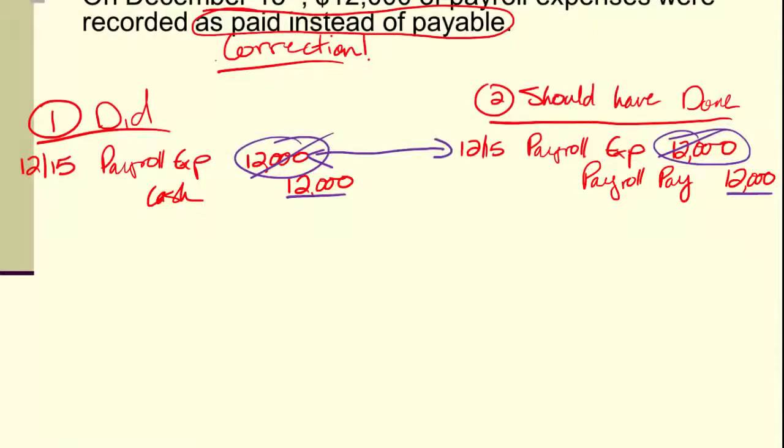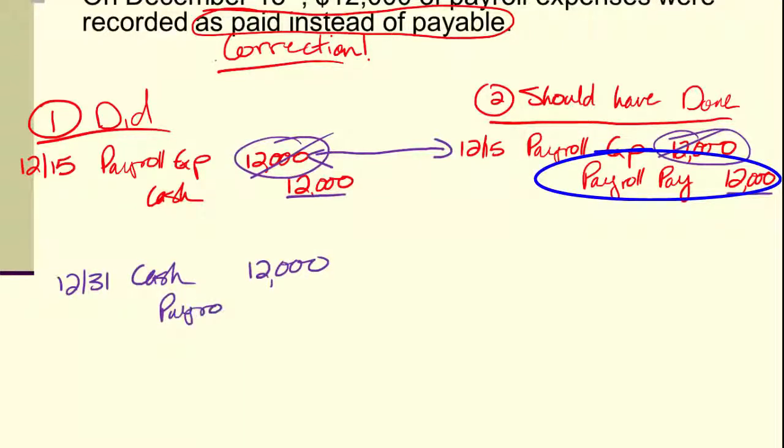So that brings me to my last step. On 12/31, I'm going to make a real correcting entry in the journal. I'm going to put the $12,000 back into cash because I didn't really pay it, and I'm going to record this payroll payable.